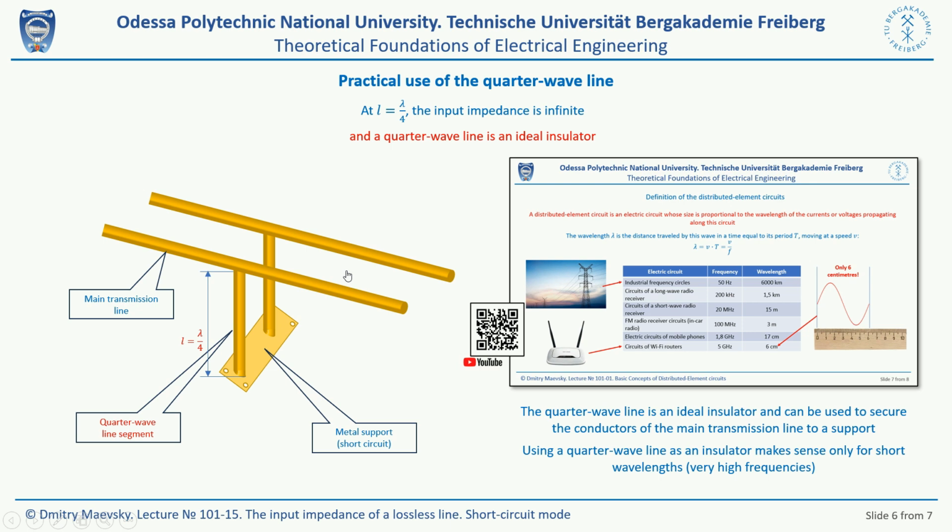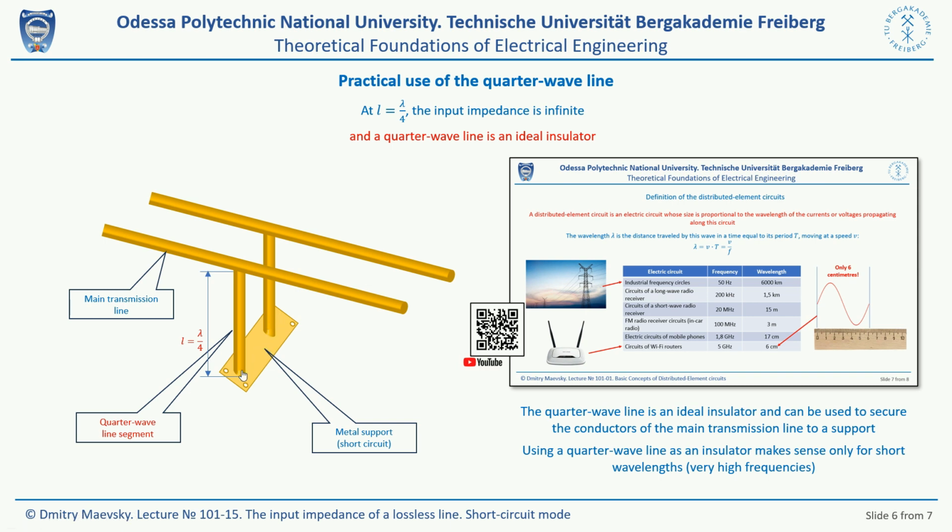The thick copper wires of this quarter wave line are secured on a metallic base. This base is depicted here in the diagram.